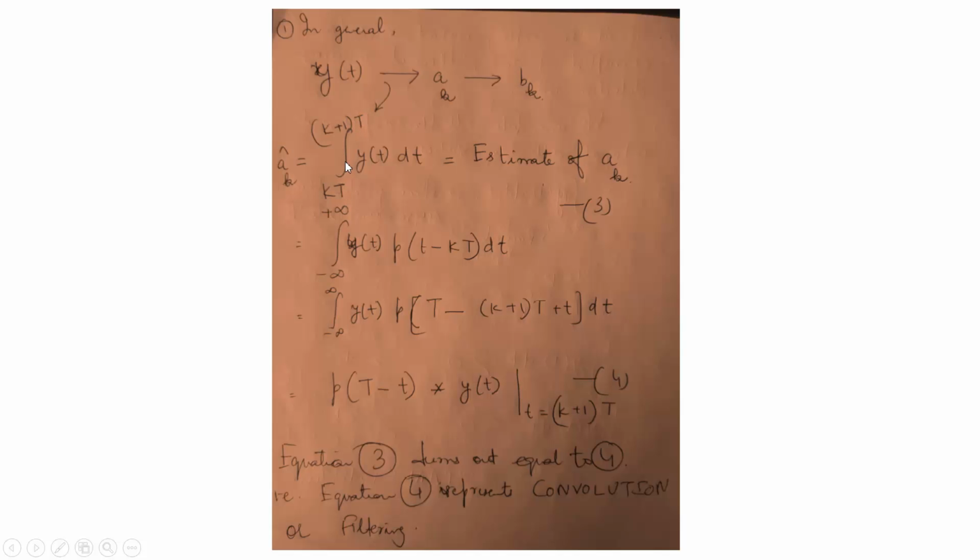It is again within the symbol period only, but I am explaining in general here. Integrating y(t) dt from kT to (k+1)T is equal to a_k hat, which is the estimate of a_k, because a_k was transmitted from the transmitter side. At the receiver end, we are trying to estimate the amplitude, so we call it a_k hat.